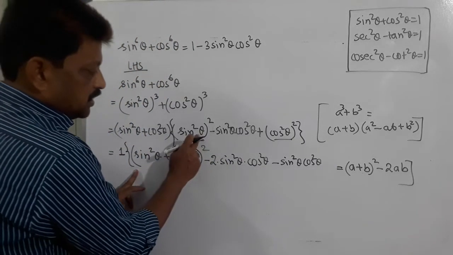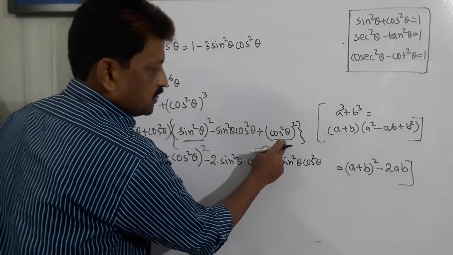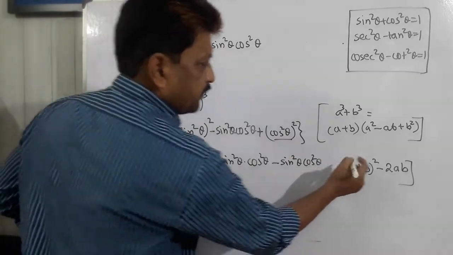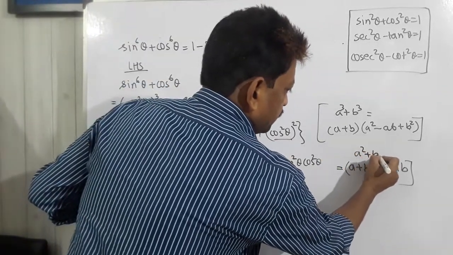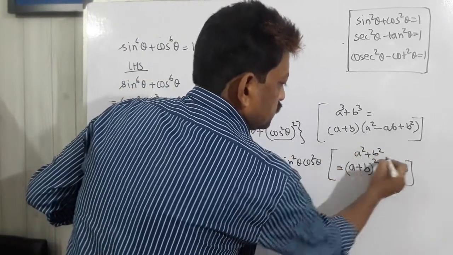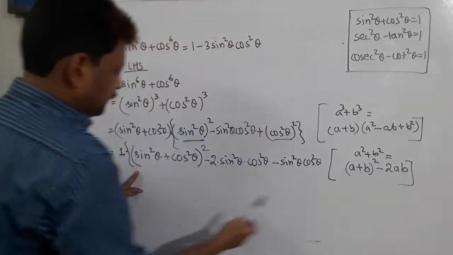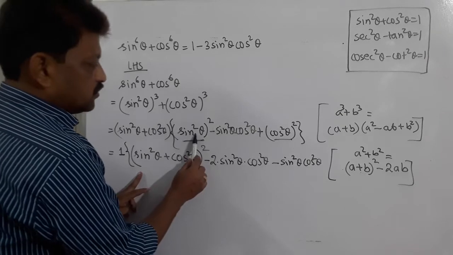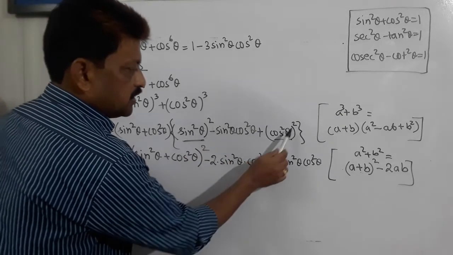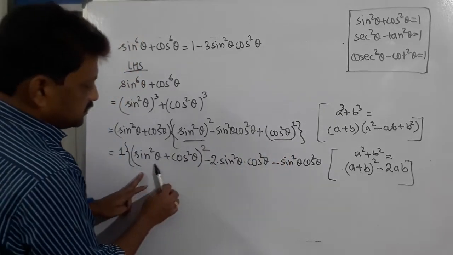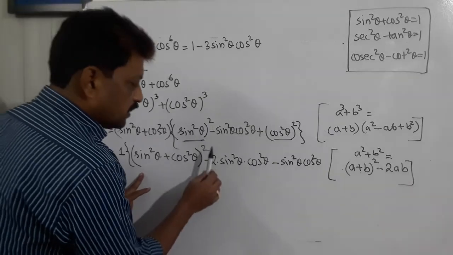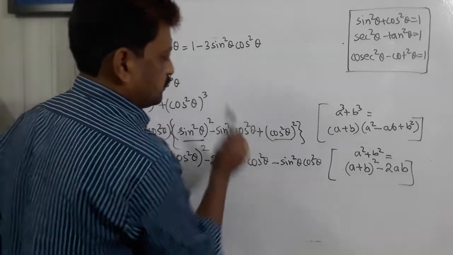Sine square theta whole square plus cos square theta whole square are in the form of a square plus b square, which is written as a plus b whole square minus 2ab. So here also it is written as sine square theta plus cos square theta whole square minus 2 sine square theta cos square theta.